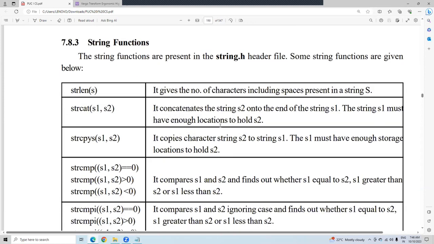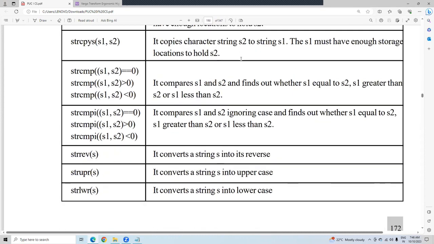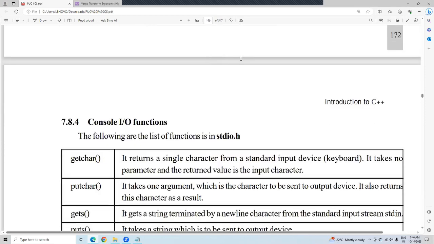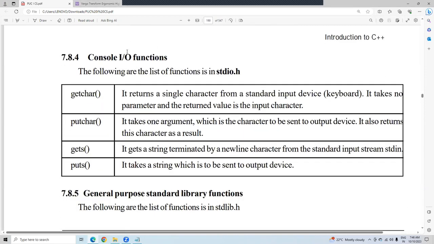Similarly, when I want to work with all these string functions, I need to include string.h. String functions work on a group of characters at a time. There are large categories, so here they are showing you generally used functions. Console IO based functions need stdio.h, which is actually from C language. So all these functions are there.